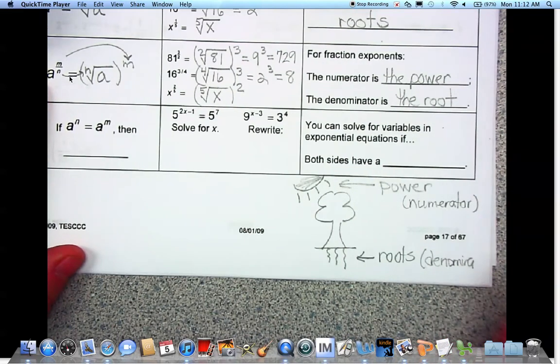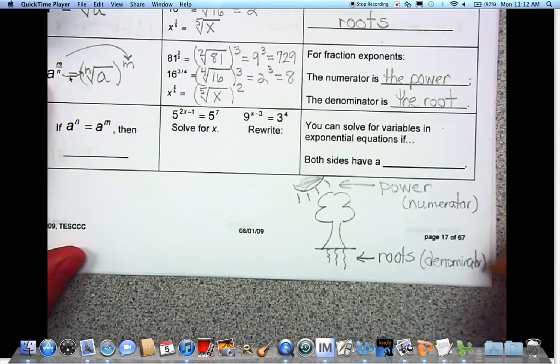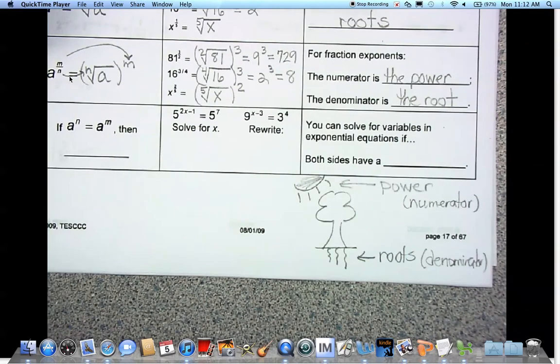Okay, it's just a way to remember which one's the power and which one's the root. So if you think of the roots of a tree, the bottom one is your root.